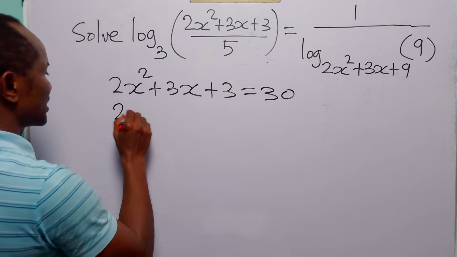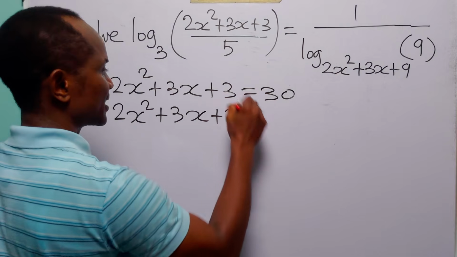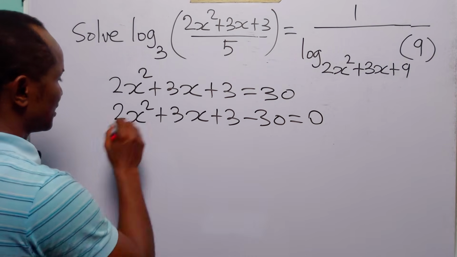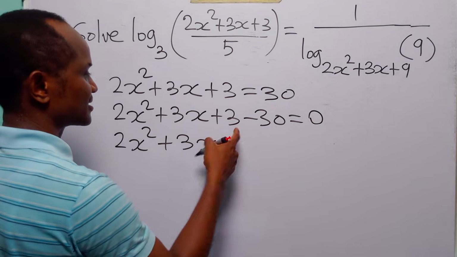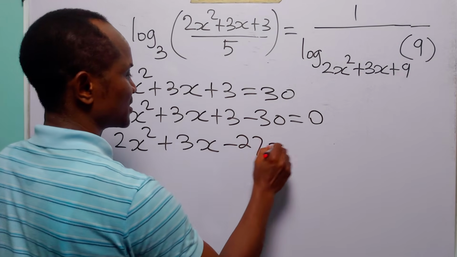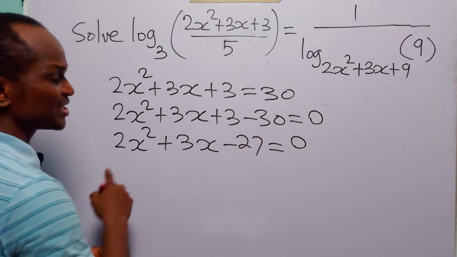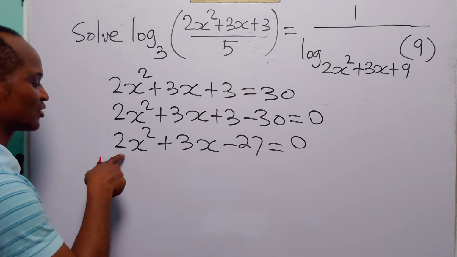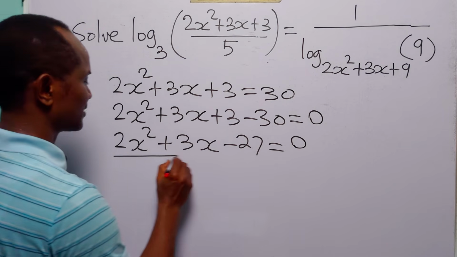Rearranging this equation, we have 2x squared plus 3x plus 3 minus 30 is equal to 0. From here, we have 2x squared plus 3x minus 27 is equal to 0. Now, we can solve this quadratic equation by factorization, but since the coefficient of x squared is not 1, we have to use the table method.